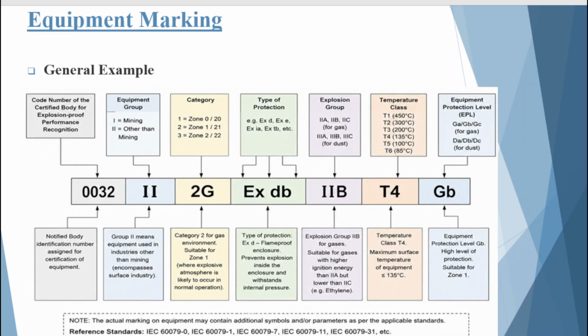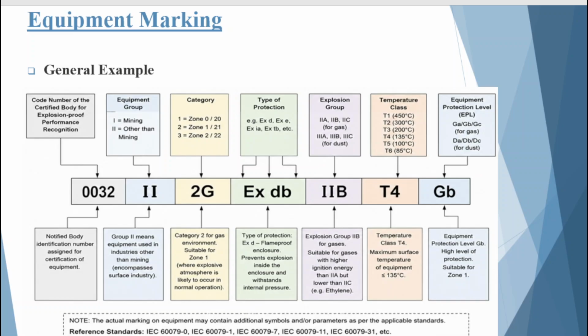Next comes Ex db. The letters Ex indicate that the equipment is certified for use in explosive atmospheres. The designation db tells us that the equipment uses flame-proof protection. This means the enclosure is designed to withstand an internal explosion and prevent the flame from propagating to the surrounding hazardous atmosphere.